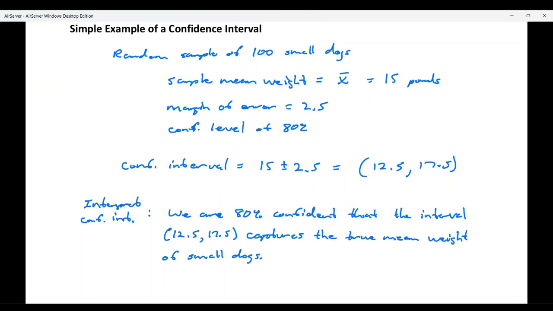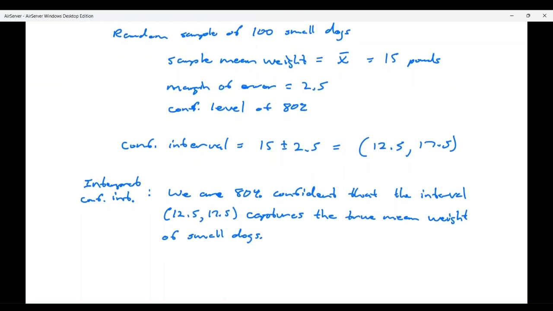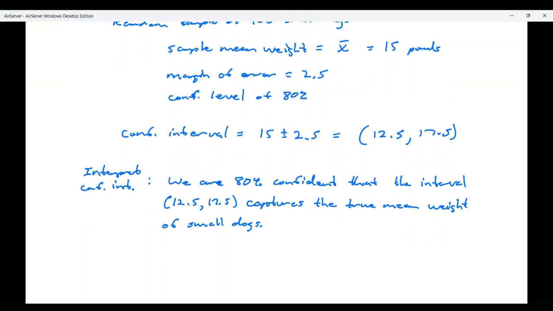The reason I like the word captures is because that interval represents all possible values that could be the mean at that 80% confidence level. So don't think of this as, well, the closer you get to the center of that range, the more likely it is to be the value. Exactly in the center is 15 pounds, right? So I might think, oh, I'm most likely going to see that the average weight is 15 pounds. Not necessarily. It could be 12.6.